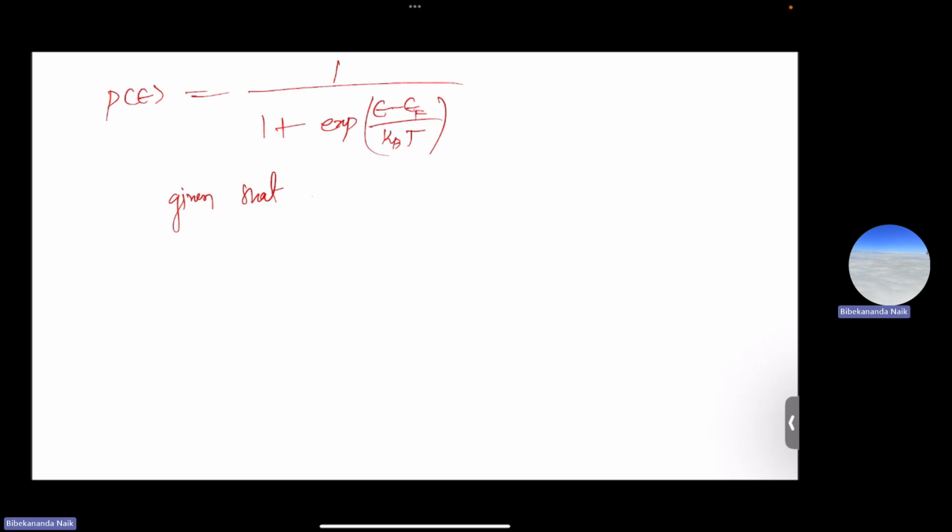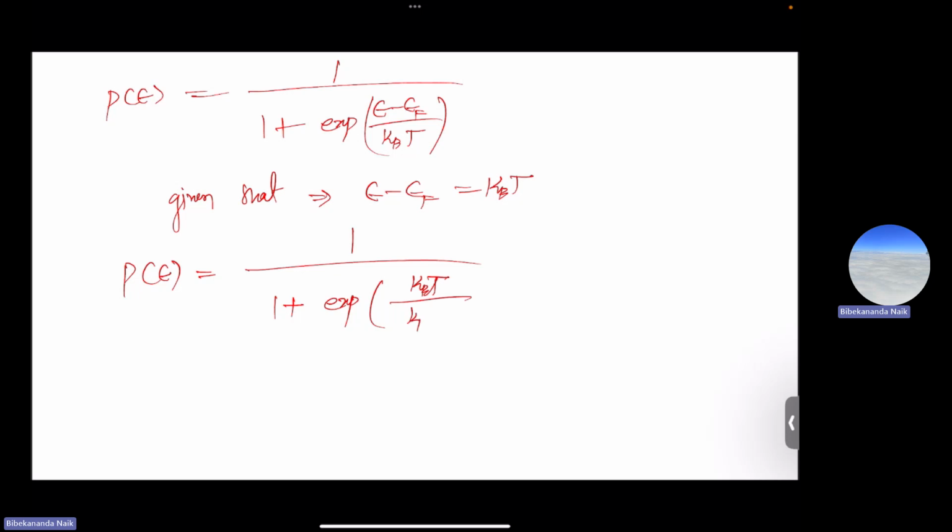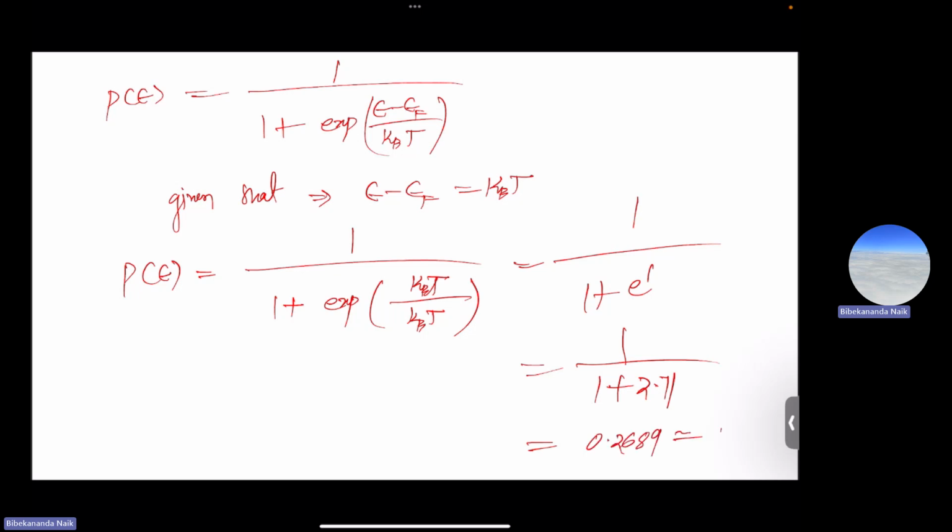So given that E minus EF equals to KBT, PE will be 1 by 1 plus exponential KBT by KBT, that is 1 by 1 plus e to the power 1, that is 1 by 1 plus 2.71, which is approximately 0.2689 or 0.27.